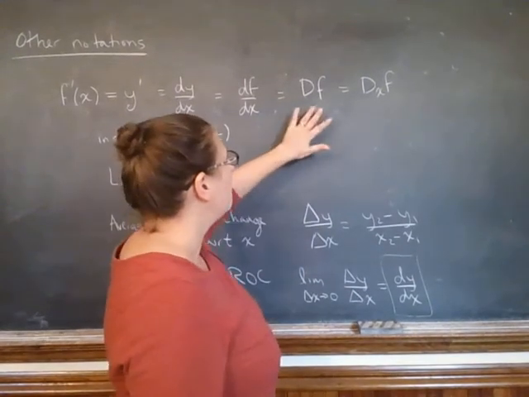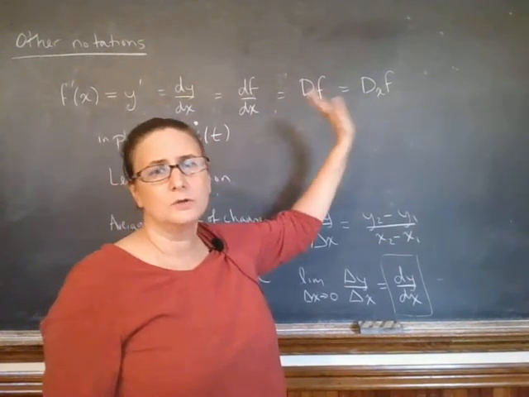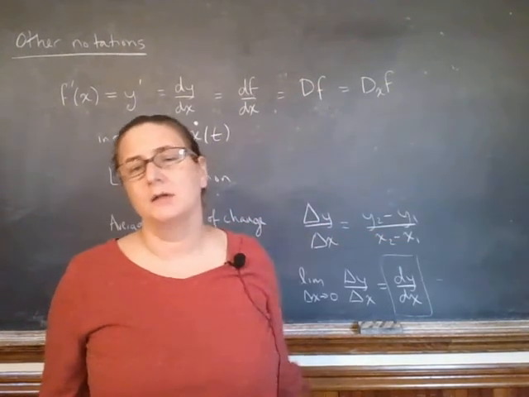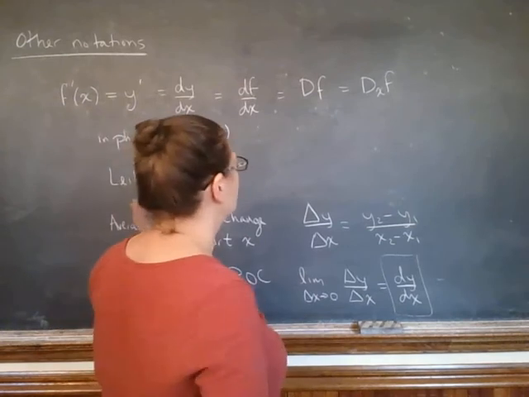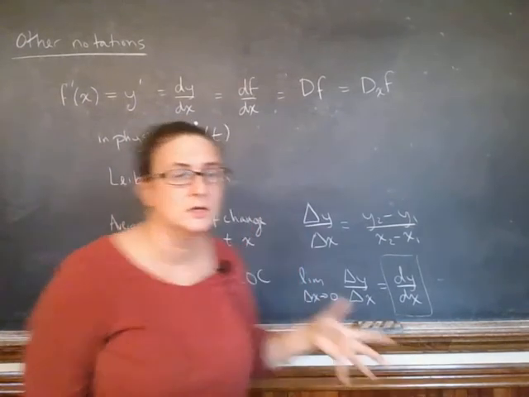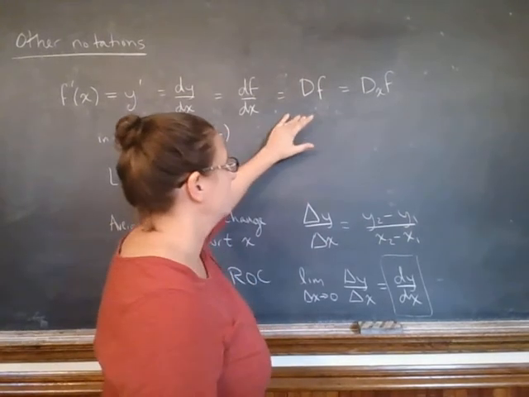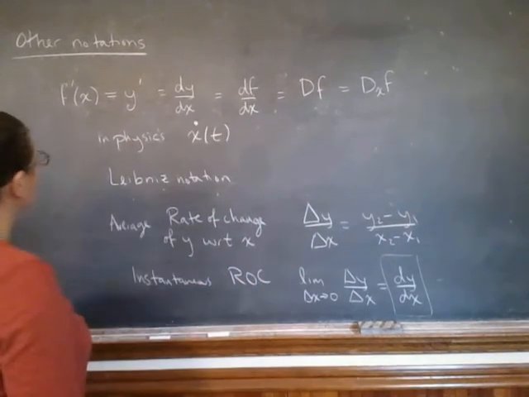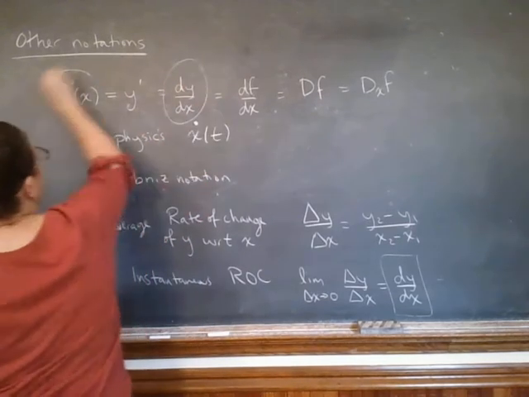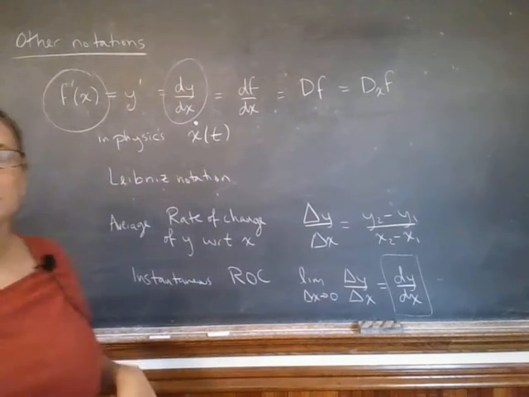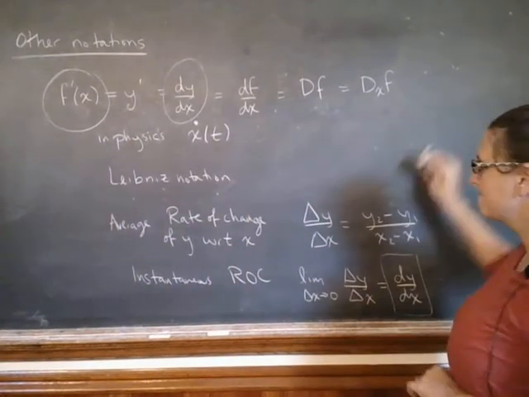But these more operator type notations, you probably won't see until like if you're taking PDEs or something much later on, partial differential equations. In general, in calculus, I really never use these. I use most often this guy and this guy. So there is that. All right.